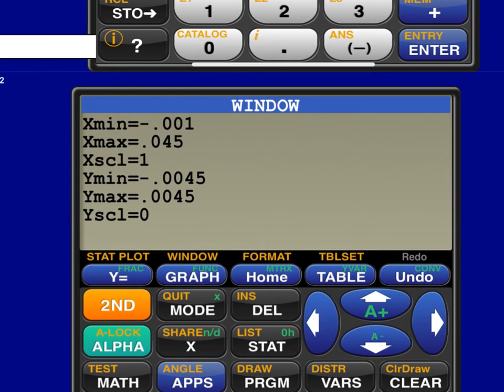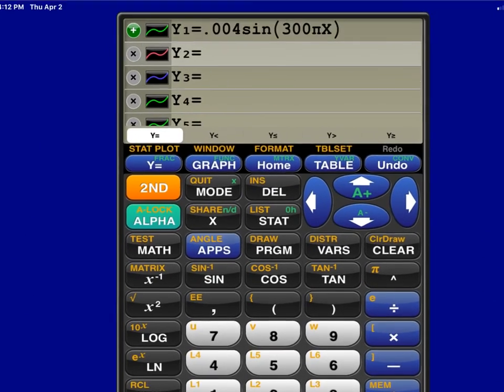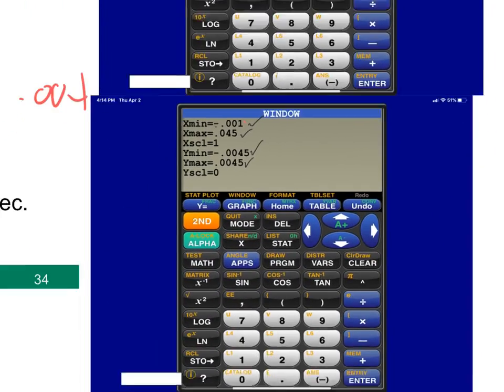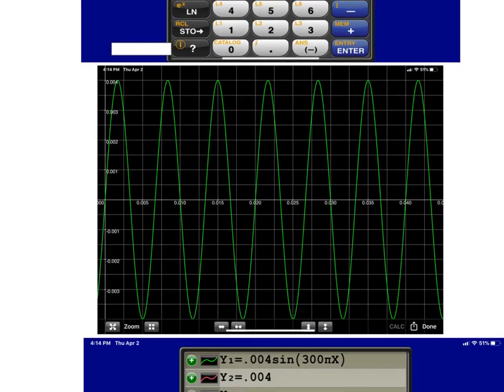Since I knew my x's were only going from 0 to 0.04, I went a little below, that's a negative, and a little above. I knew the amplitude was only 0.004, so I went a little above and a little below. That's how you see the picture. See this? There it is. Now, I'm showing you all of them.